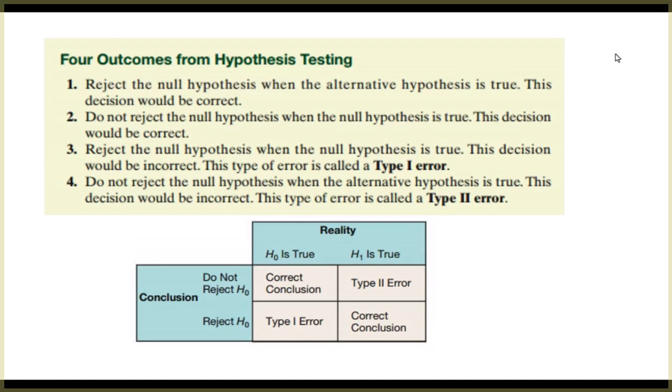And so this little chart will help you remember it right here. Along the top, we've got the reality of the situation. The car is really a junker. And on the left, we've got your conclusion based on your testing. Remember, stats is making your best guess with what you know.